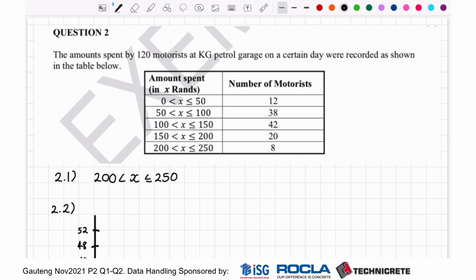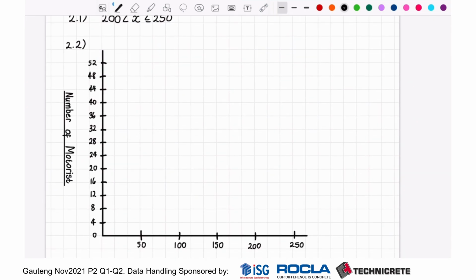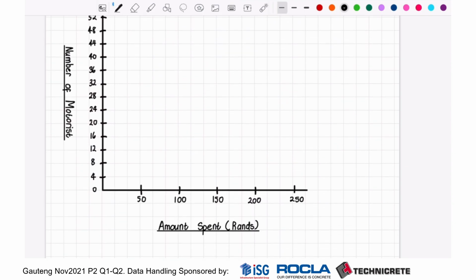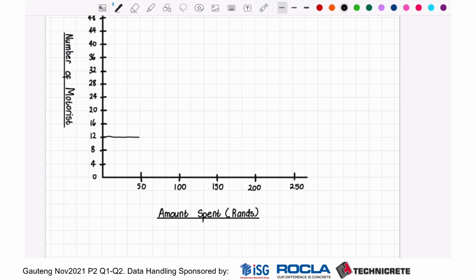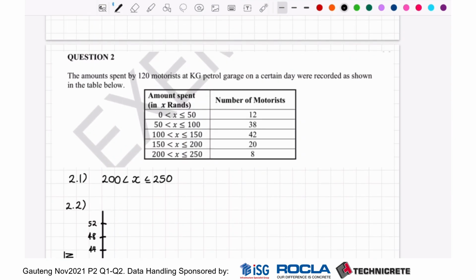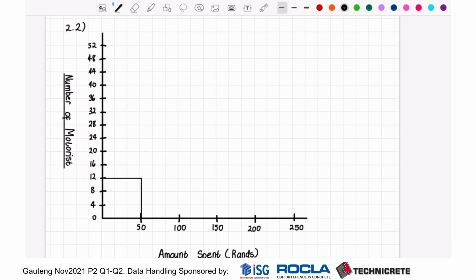And then the next question asks me to draw a histogram to represent the data. So I'll have my graph set out like this, and then I'm just going to represent the information exactly as it appears in the table. So for the 0 to 50 class, I had 12 motorists. And for the 50 to 100, I had 38.